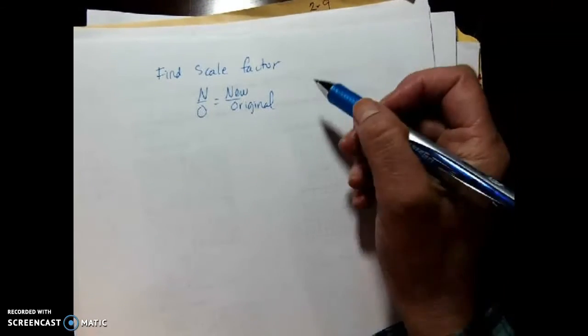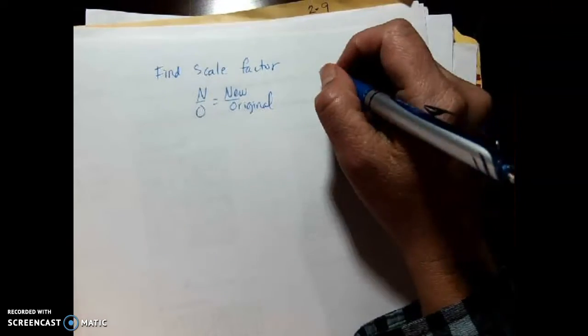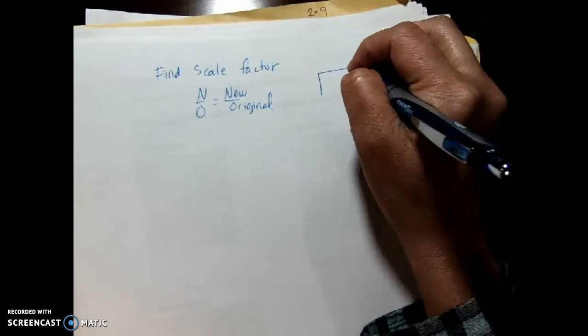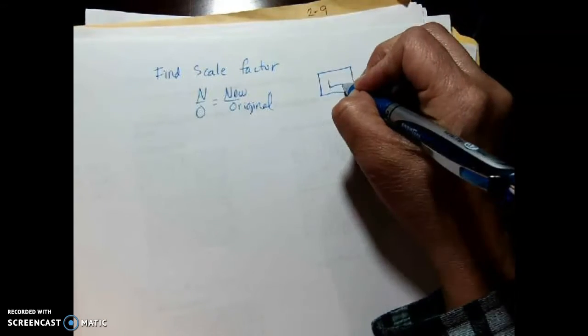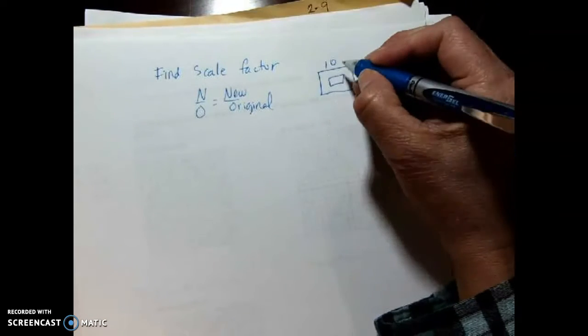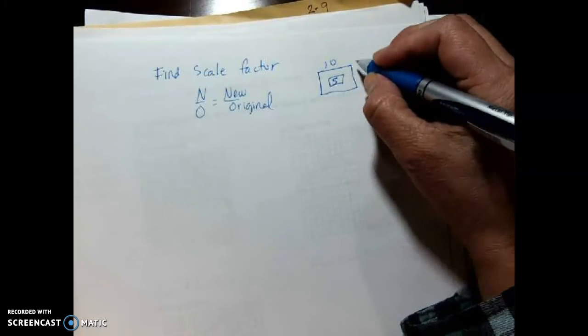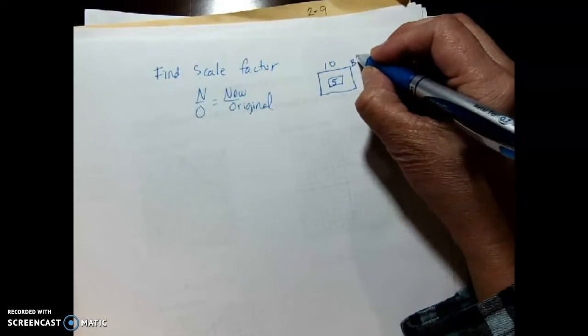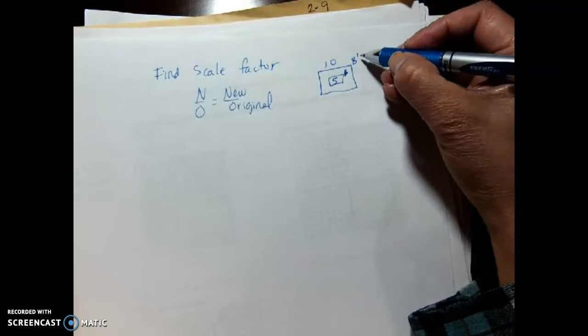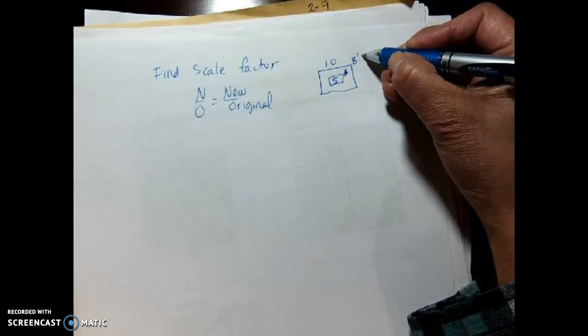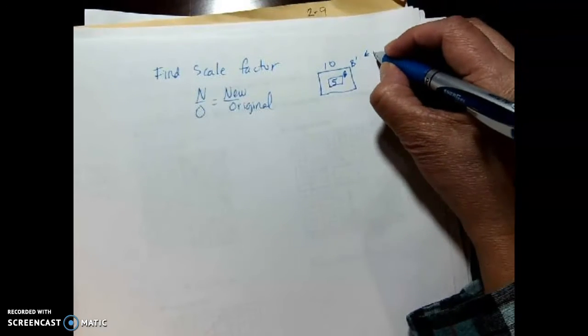Okay, we're going to find the scale factor. We have new over original, so if I had a shape, this was 10, this was 5, I'm going to say that this is my prime. Remember, this little apostrophe says it's prime and is the new shape.